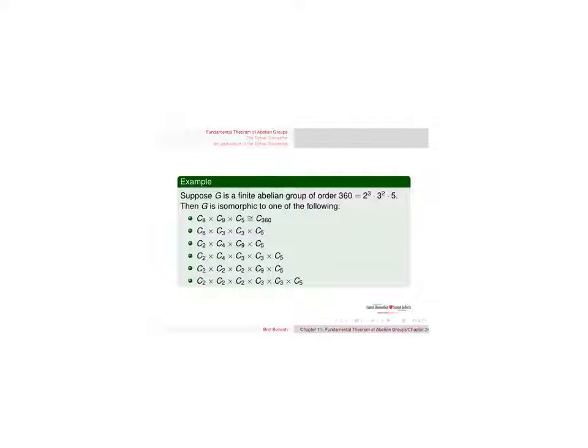But the key thing is, you want to think about this as: here are my 2's, here are my 3's, here are my 5's. And so if you know how to split up the prime powers, basically by using partitions of the exponent, then you can just break these up.